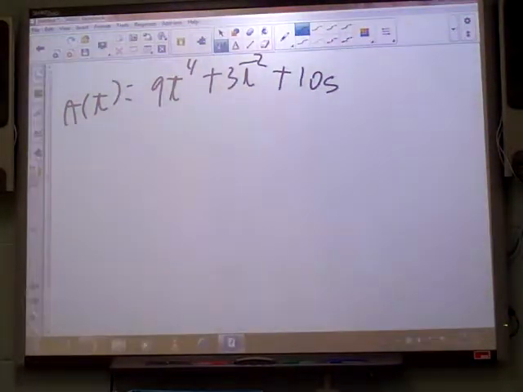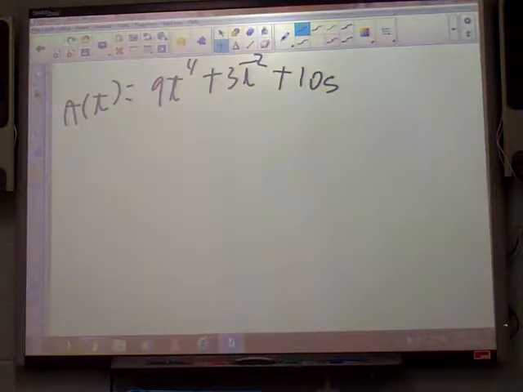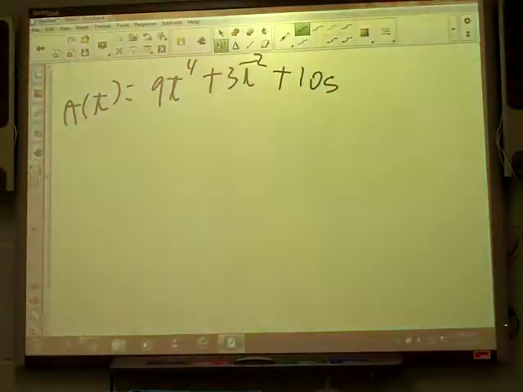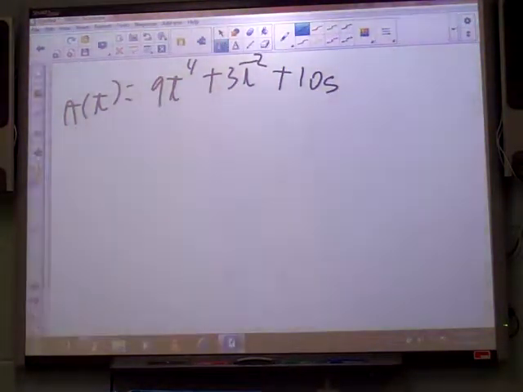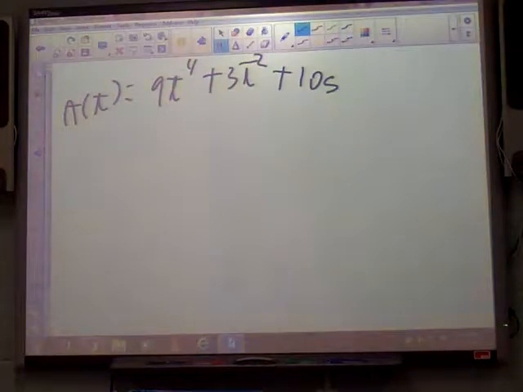What did we do to test if the function's even, odd, or neither? Very good, Jody. We just turned all the variables to negative.